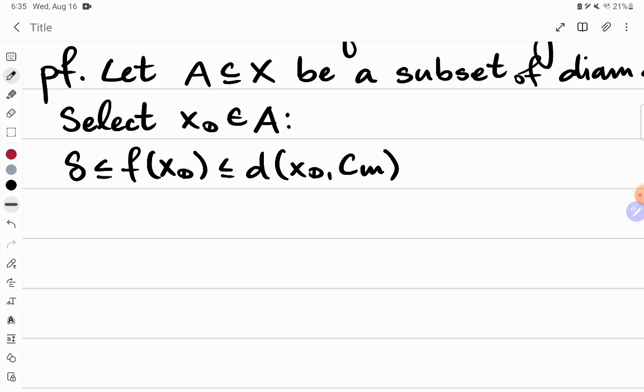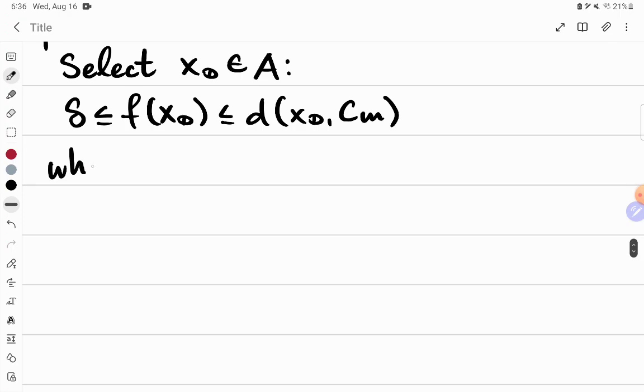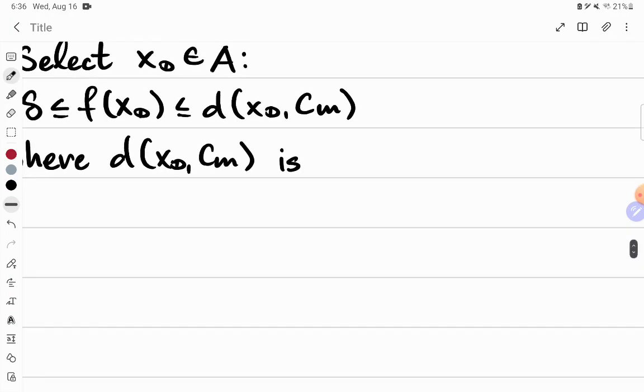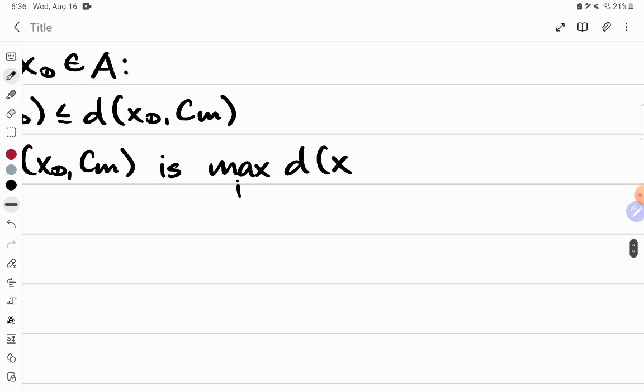And for this right-hand side inequality, let me define what this is. The distance from x naught to C_m is the maximum over all i of the distances from x naught to C_i.